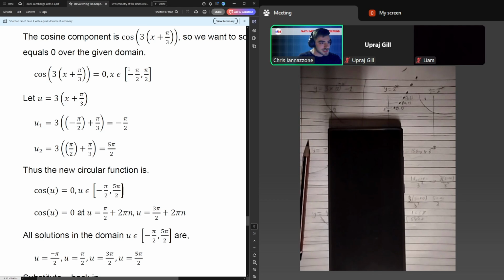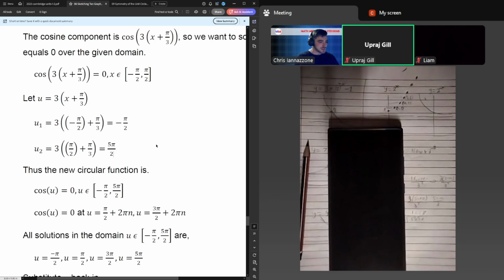And the way to do that is take the x values that you have and put them in the x spot of your substitution. So we have u equals all of this. You put this x value in there, you get this. You put this x value in there, you get this. These become the new upper and lower bound of your domain. Clear enough on that? Yep, thank you.